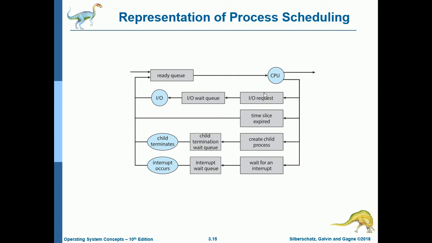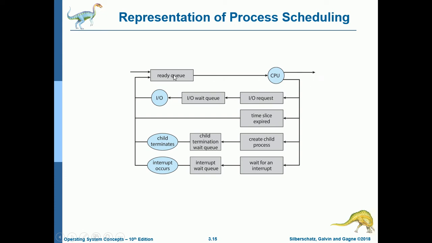It still needs another 5 seconds to finish its execution, so it will line up again in the ready queue. And once it has finished the execution, it will exit the CPU.